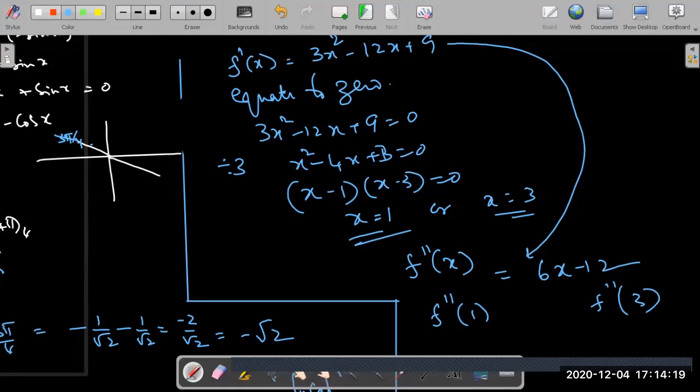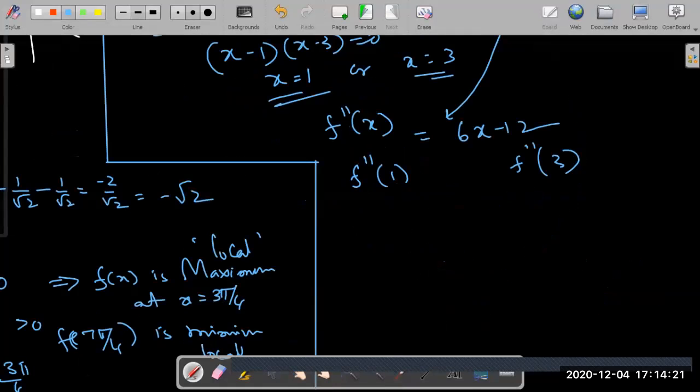So I need to check whether it's greater than 0 or less than 0. f double dash 1 is 6 minus 12. This one is 6 into 3 minus 12. This is 18 minus 12, which is 6. This is minus 6.